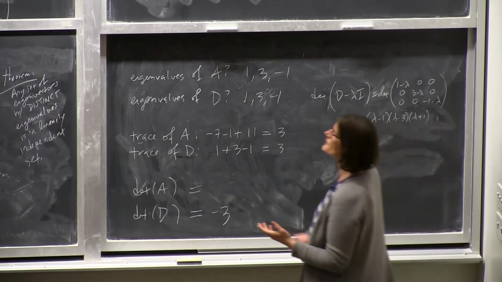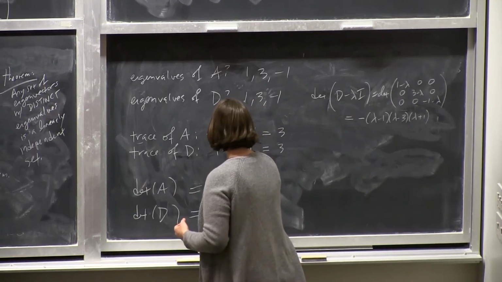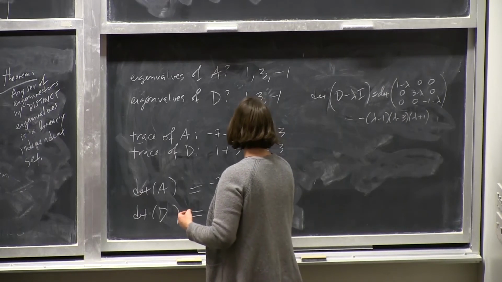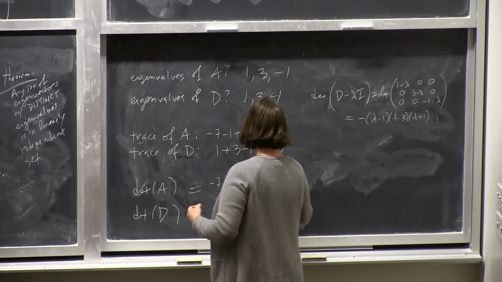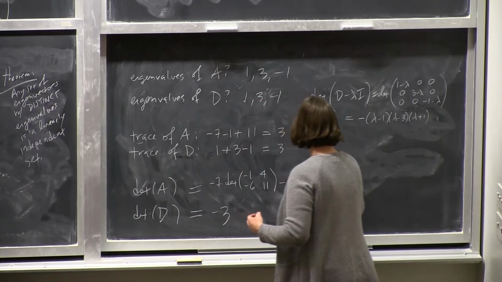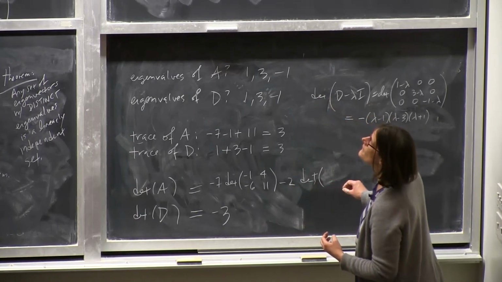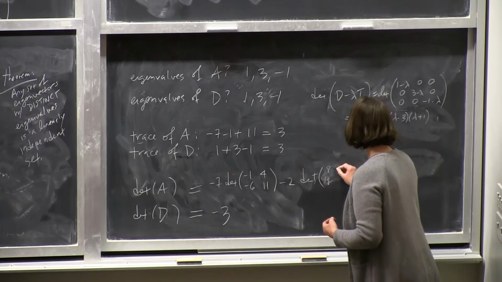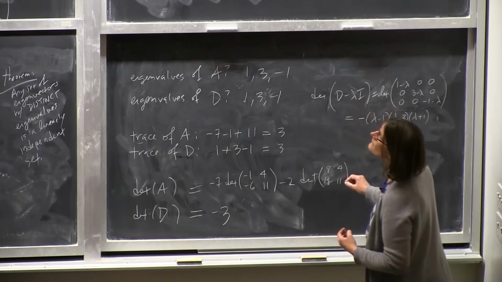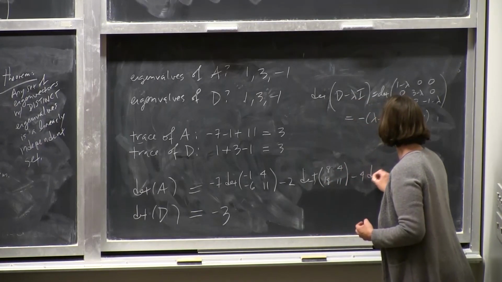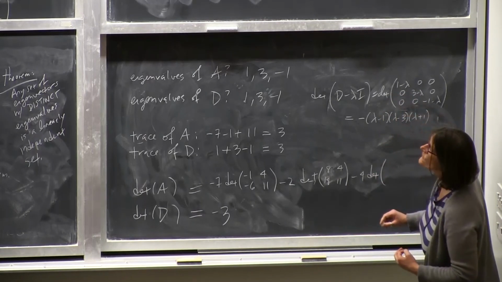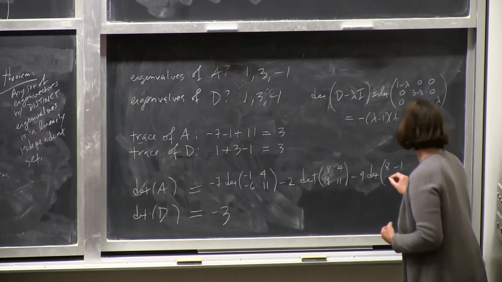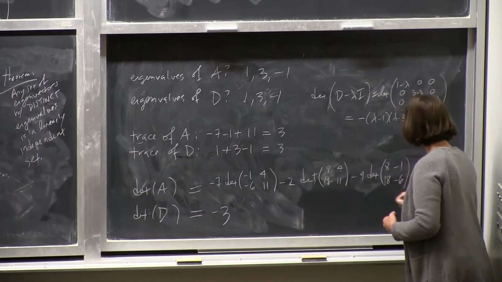Yeah, so it would be minus 7 times the determinant of minus 1, 4, minus 6, 11, minus 2 times the determinant of 8, 18, 4, 11, minus 4 times the determinant of 8, minus 1, 18, minus 6.